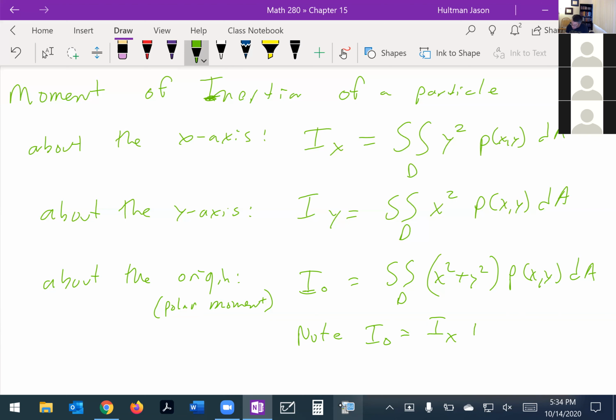And isn't the double integral involving y squared I sub x? Yeah, I can just say note that the moment about the origin is the sum of these two. Okay, find I sub O.